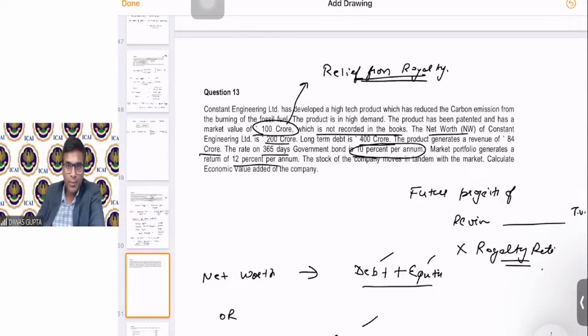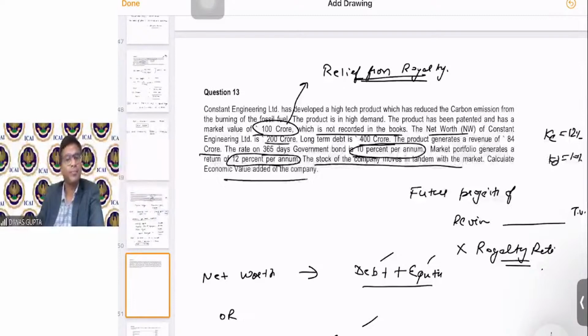The stock of the company moves in tandem with the market. So what they are saying is that the market portfolio return of 12% is as good as the company's return. That means cost of equity we can take as 12%. Cost of debt is given as 10%. Calculate the EVA of the company. Simple.